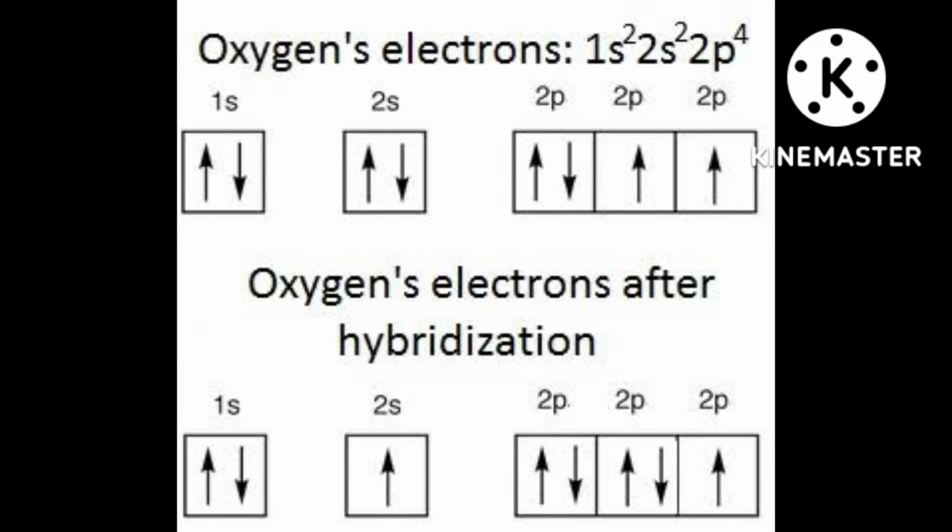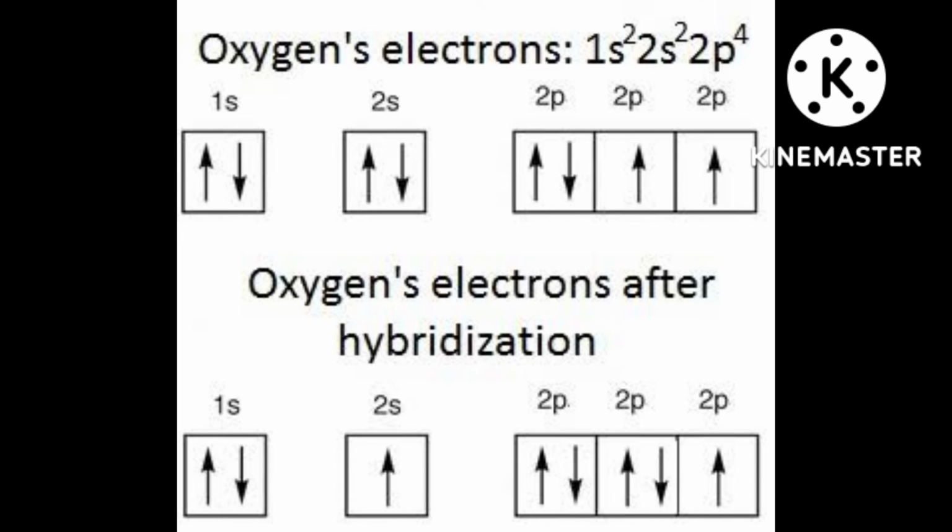The ground state electronic configuration of central boron atom is 1s2, 2s2, 2p1. Boron has atomic number 5. 1s has no role, only the outermost. 2s2, 2p1, total 3 electrons are there, 2 electrons from the 2s and 1 electron from the 2p.